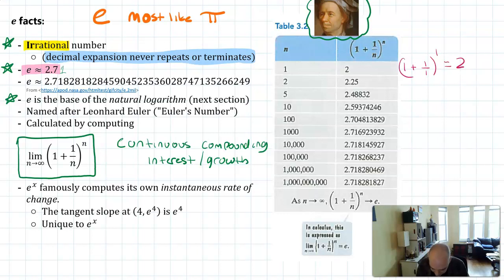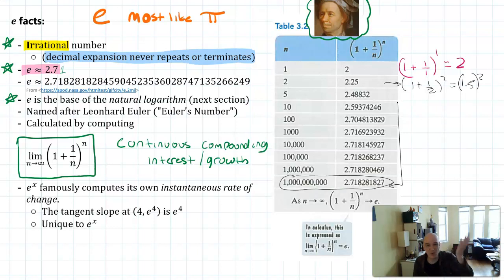So that's the first line. But 1 plus 1 over 2 to the 2 is 1.5 squared, which is 2.25, right? So you can see it starts at 2, goes to 2.25, 2.48, and grows and grows, and you might think that it's going to grow forever. But if you actually take enough digits of it, it doesn't grow forever. It converges to e. So this is one of those infinite converging sequences. It's not a specific kind of sequence, but it converges to this value of e.